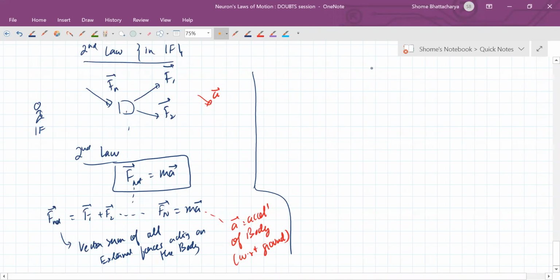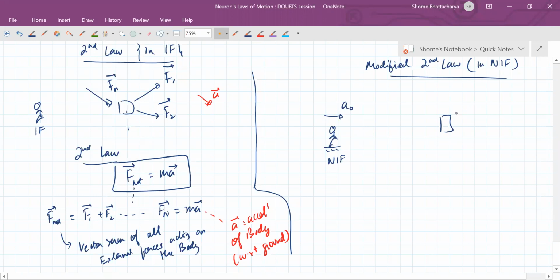Right. Now let's see. We have a modified second law for application in a non-inertial frame. The moment our observer is having some acceleration, that same body, apart from all the real forces or external forces acting on it, will also experience a pseudo force.